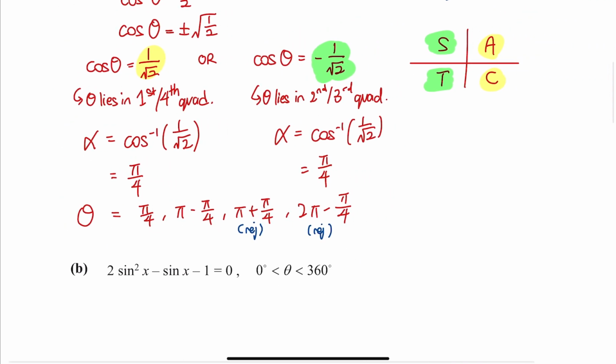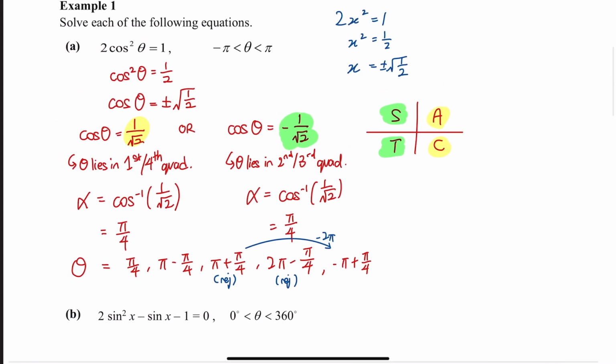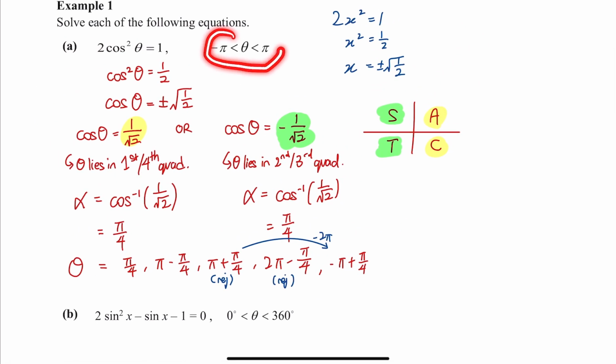So we need to think, are there more solutions within the range? From here, if I have pi plus pi over 4 and I subtract 2 pi, this will become negative pi plus pi over 4, which is within the range of negative pi and pi.